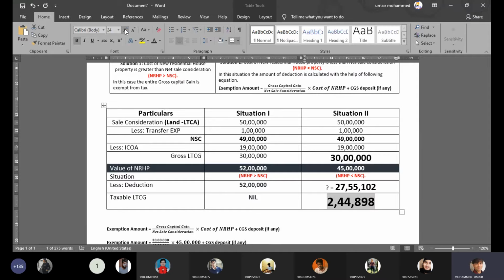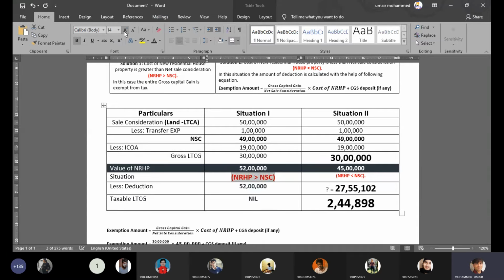And then the important point here is, in order to apply deductions, we should use an equation. In situation 2, we use the equation; in situation 1, we need not use the equation. So how do we determine these situations? By doing a comparison between the value of new residential house property with net sale consideration, right?